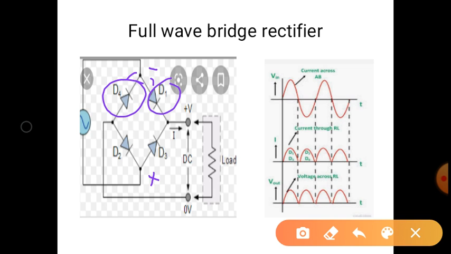Coming to this positive terminal, the cathode terminal of D2 is connected to the positive and the anode terminal of D3 is connected to the positive terminal. So D3 will be in forward bias condition and D4 will be in forward bias condition, and the remaining two diodes will be in reverse bias condition. So these are said to be in open circuit.